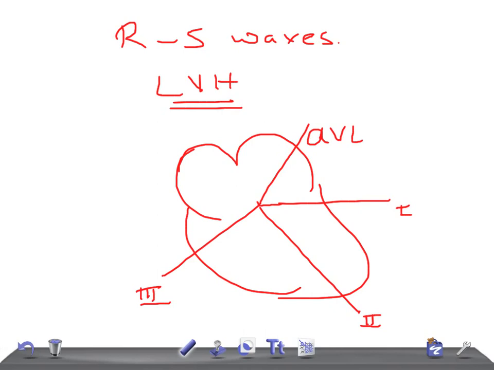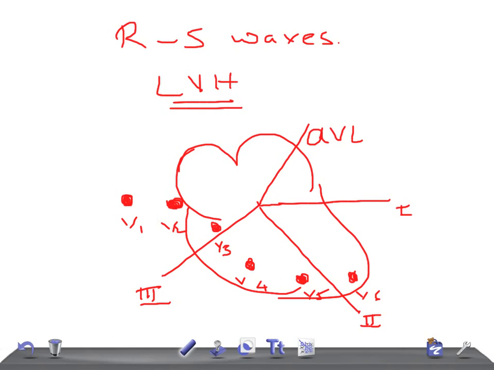And then we have V1, V2, V3, V4, V5 and V6. Just a simple diagram, guys.